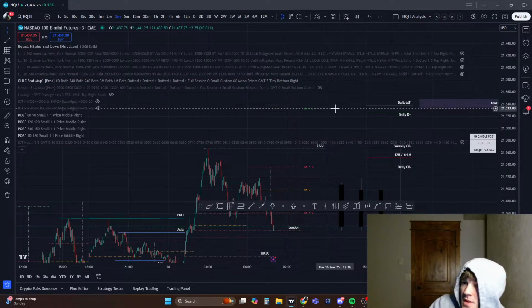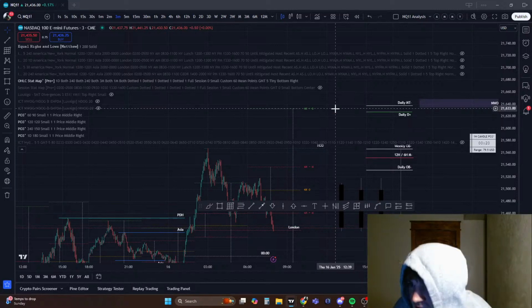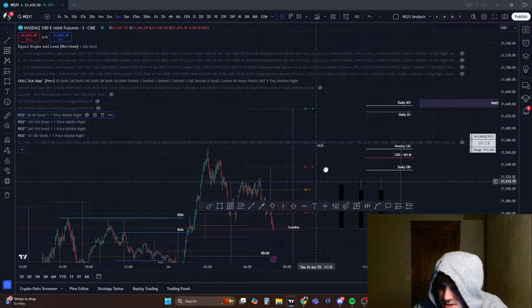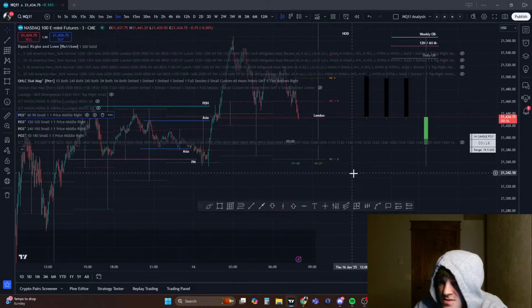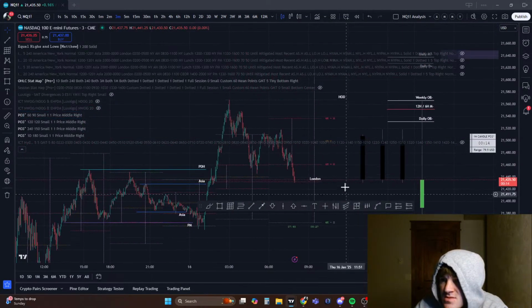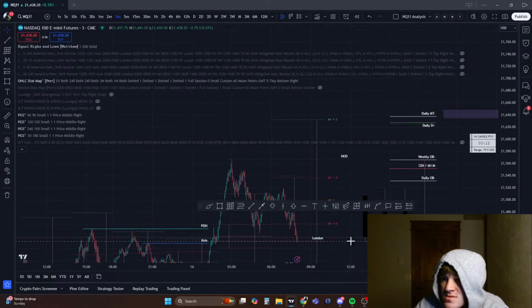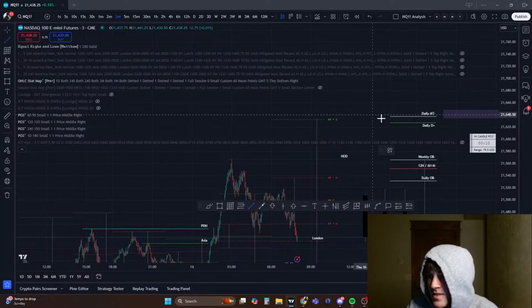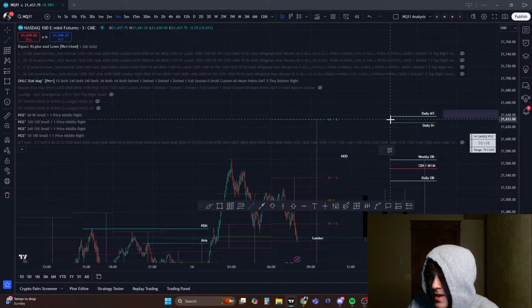Four-hour distribution levels right at the daily bearish mean threshold. So, man, you could make a case for either side right now. I don't know. I think that is close enough to this where I'm going to mark it out.